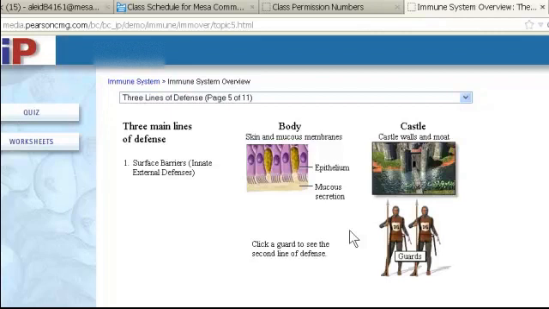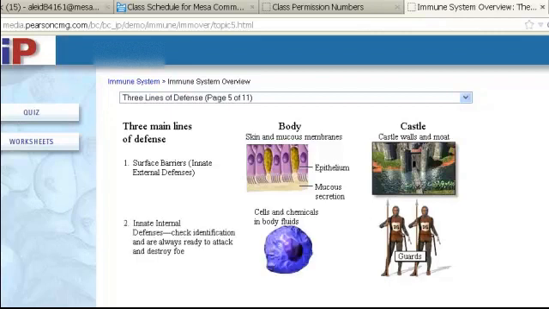So then from there, our first line of defense is going to be non-specific and external, trying to keep things from getting inside. The second line of defense is going to be internal. So if they breach the outer barriers and they get inside, we've got to try to take care of them. And what's going to happen there is we're going to have internal cells that are, again, non-specific.